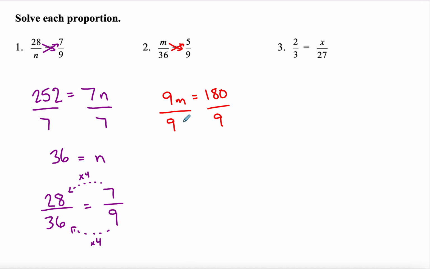It's okay that it's an m or an n or an x, right? All of these letters are just an unknown number. 9 divided by 9 is 1, so we're left with 1m. And 180 divided by 9 is 20. So we understand now that 20 divided by 36 is equal to 5 divided by 9.